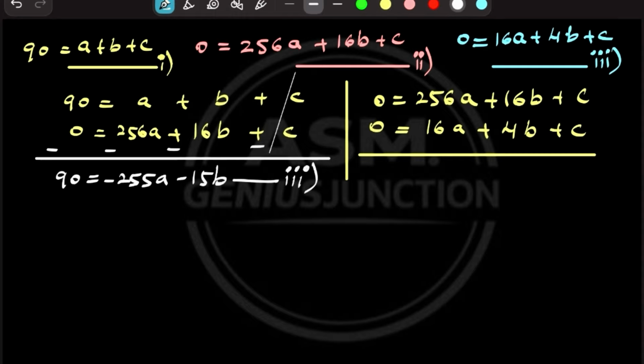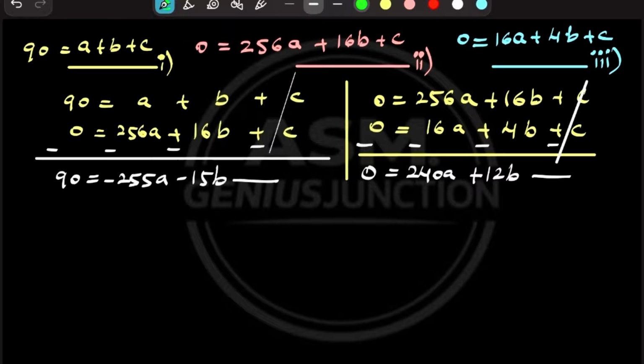Let's change the sign first, and again we can see that the term c cancels, and we are left with 256 minus 16, that gives you 240a plus 12b, and on the right hand side we have 0, because c got cancelled. Okay, so let's put equation number 4 on this and equation number 5 on this.